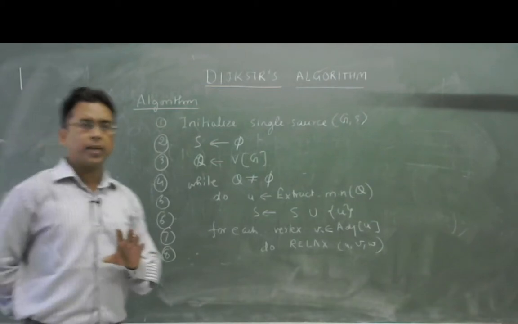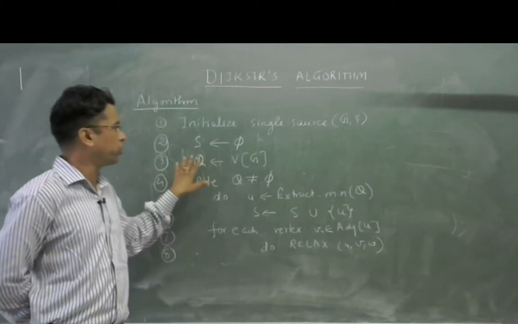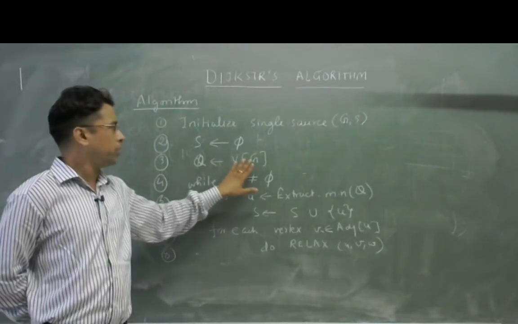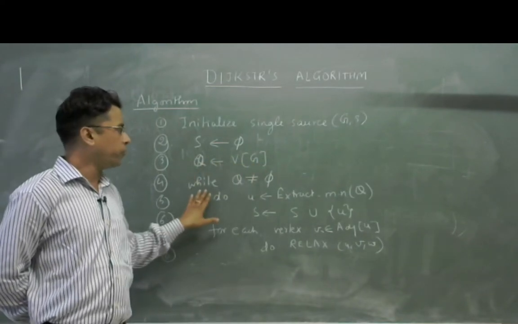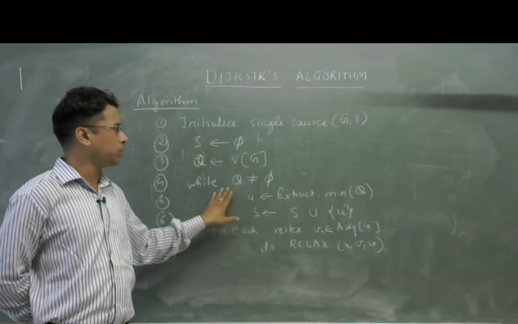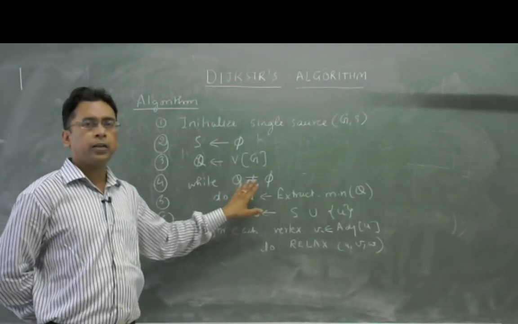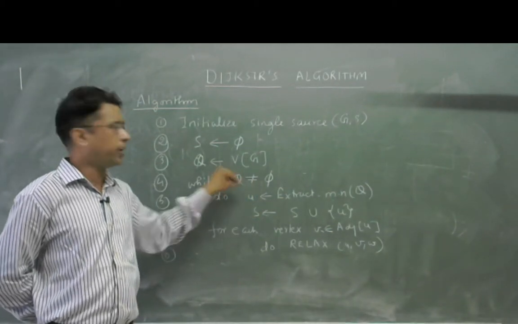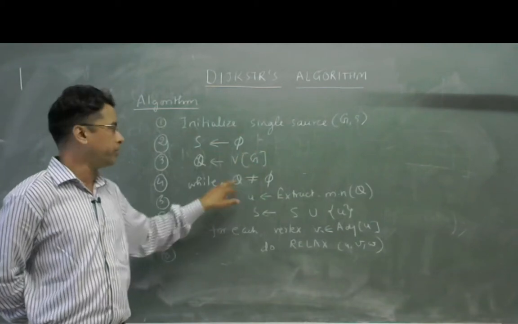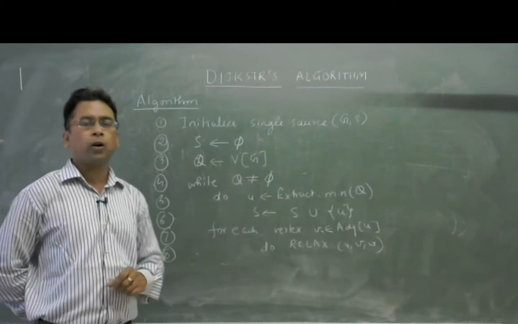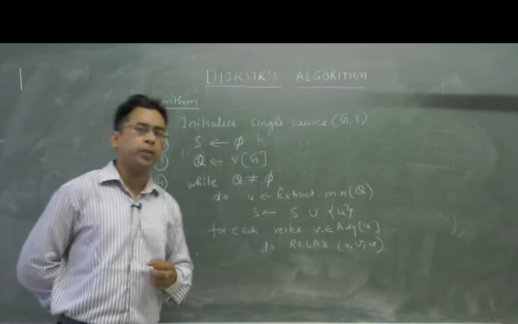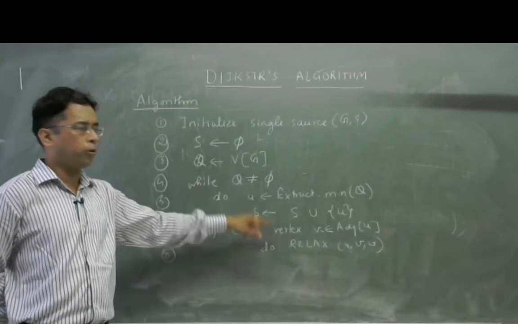Suppose in the last example there were 5 cities, so similarly in the graph the vertices will create a set Q, and while Q does not become empty, we keep on running the following steps.